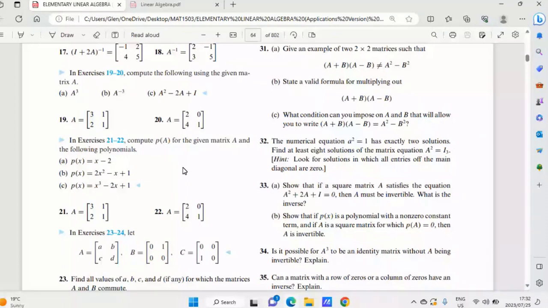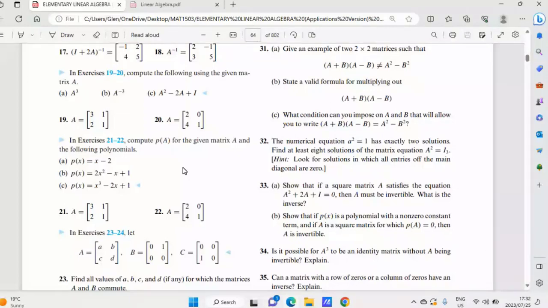All right. P of x is x minus 2. And then I took P of A, which is A minus 2I. In place of A, I put my matrix, which is 2, 0, 4, 1, minus 2 times the identity matrix, the 2 by 2 matrix 1, 0, 0, 1.